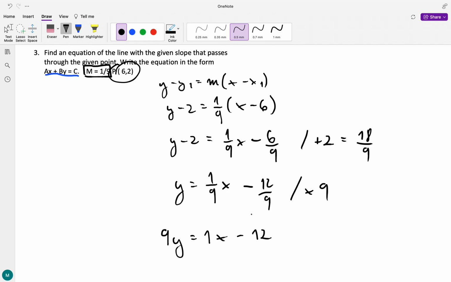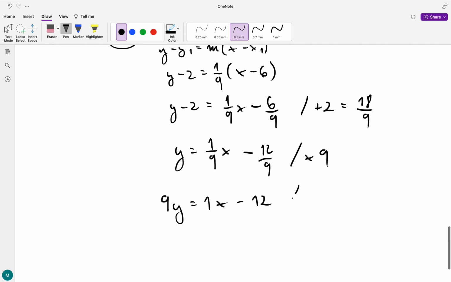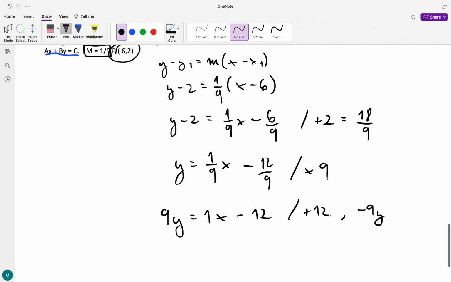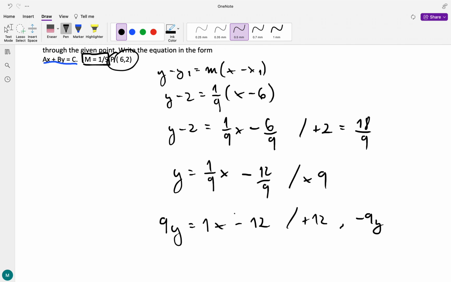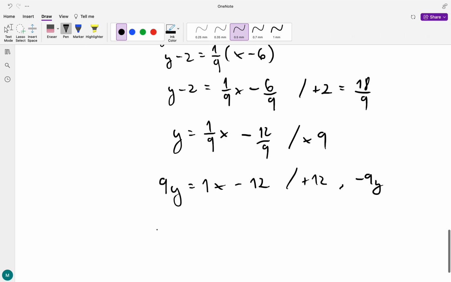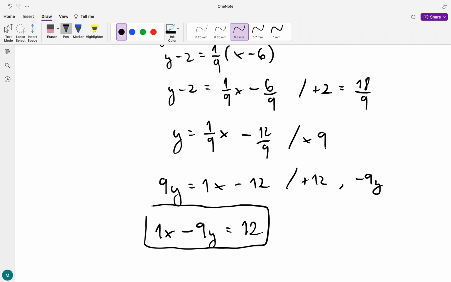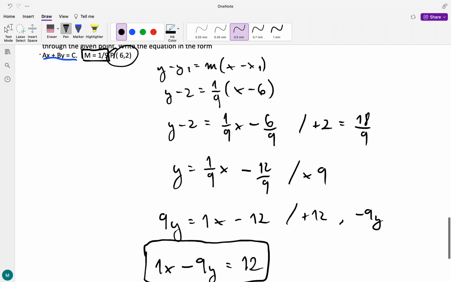Okay, we are almost there, but pay attention to how the equation of this line is presented. So we have to do two things. We have to add 12 to the right side, and we have to subtract 9y. So we're going to have 1x minus 9y equal to 12. And now we have the newly found line in standard form.